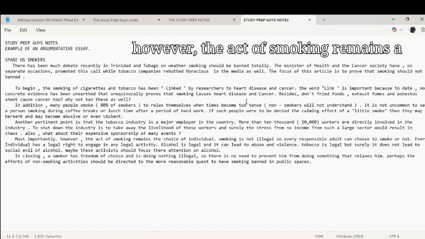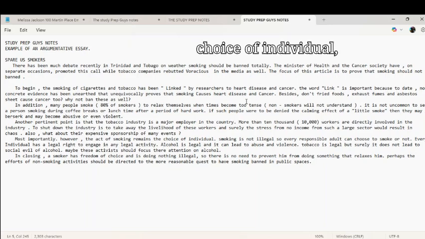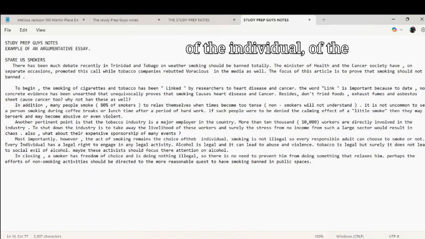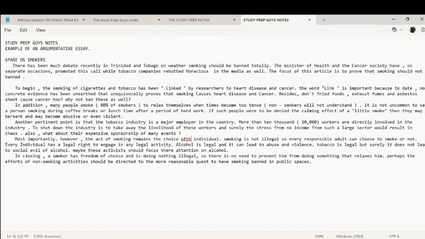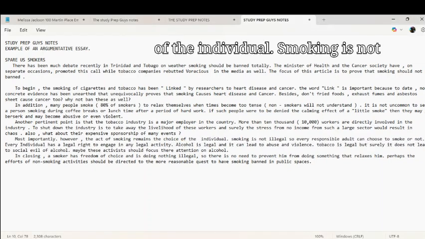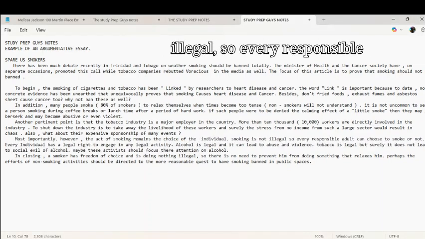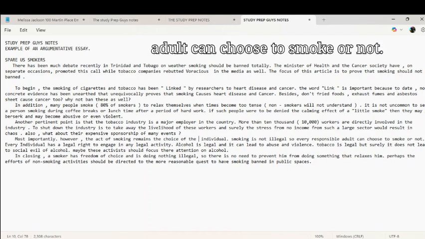Most importantly, however, the act of smoking remains a choice of the individual. Smoking is not illegal, so every responsible adult can choose to smoke or not.